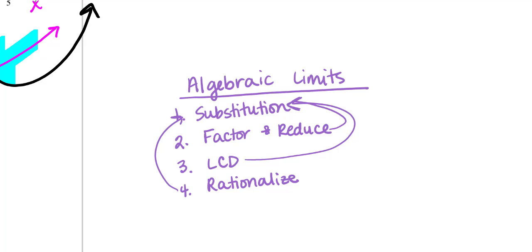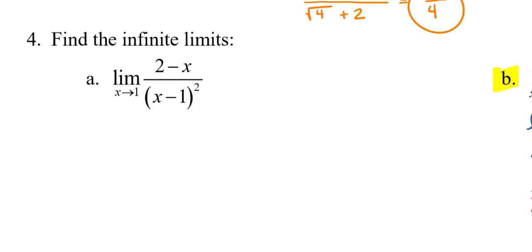It's definitely not a rationalized problem. Nothing is irrational here. It's not a factor and reduce problem. Everything is in factored form, and I can't divide any factors out to be 1. And there's no LCD to really be had here. So I'm going to go right to substitute and see what I get.